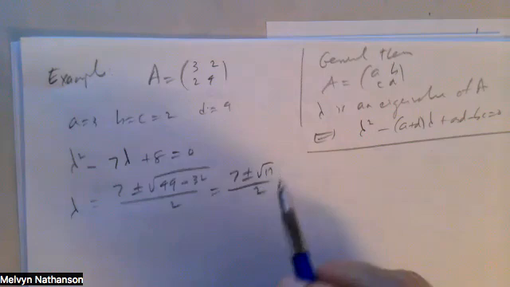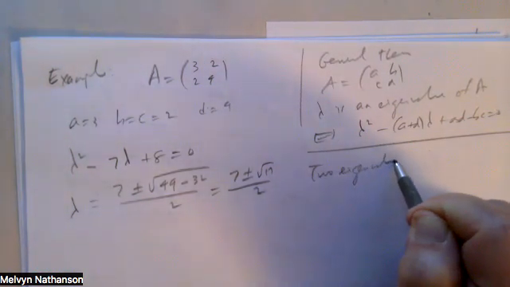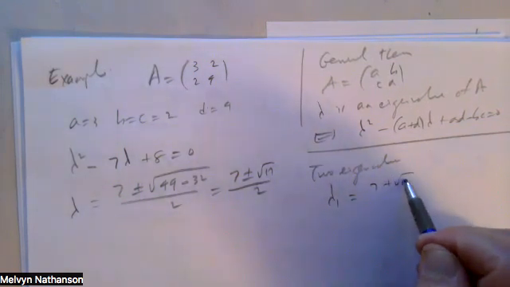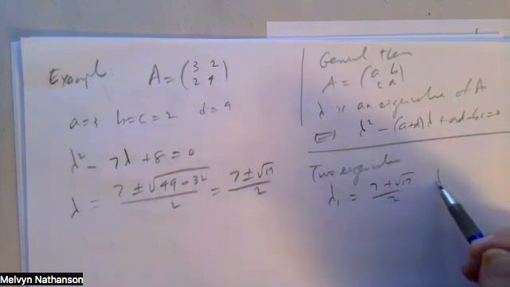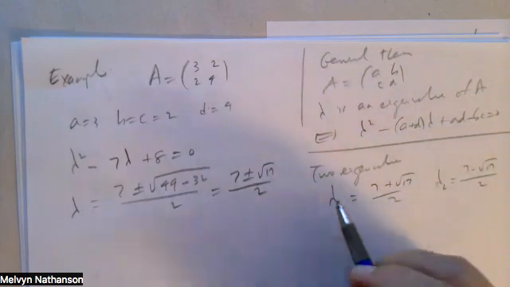So we have two eigenvalues. Lambda 1 is (7 plus root 17) over 2. And lambda 2 is (7 minus root 17) over 2.